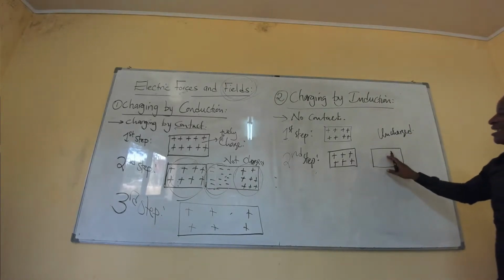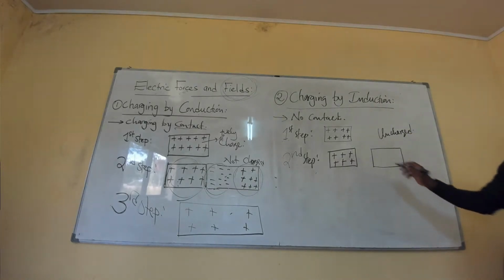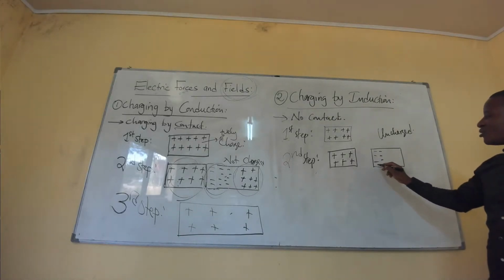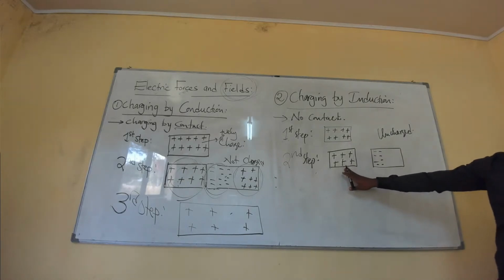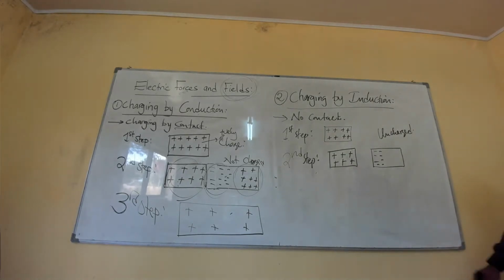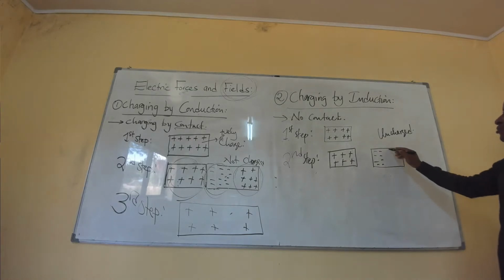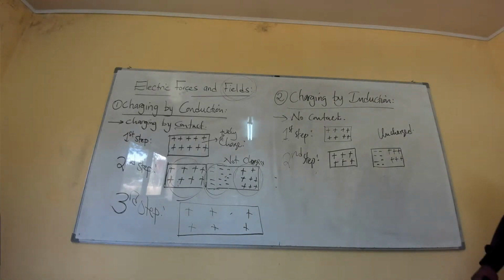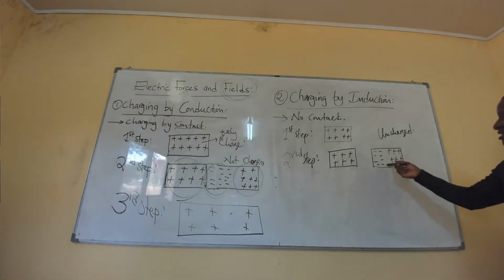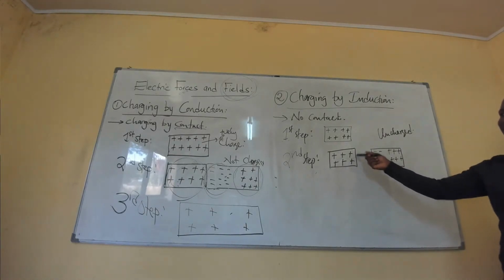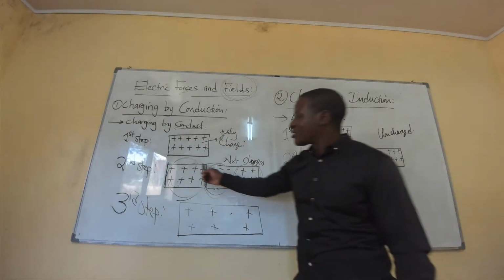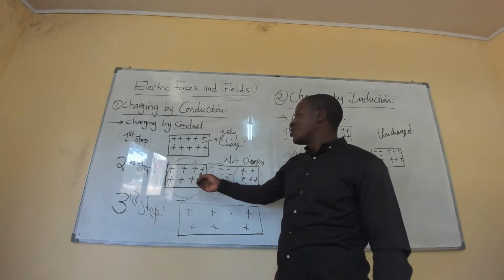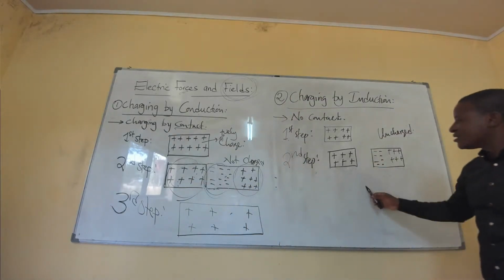So when we bring it nearby, what will happen is that these negatively charged will appear to be more on the left because they will be attracted by our positively charged, and then these will repel the other positively charged. In the end, we want now this to be charged, but it is not in contact with that. It is not the same as this one, where these electrons will move to this body. No, but here there's a gap in between.